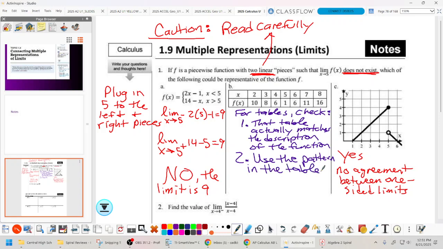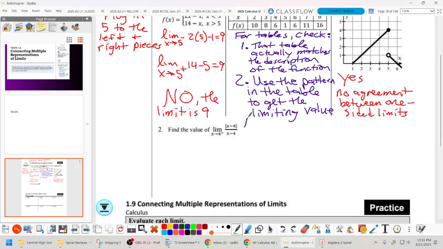This one is where you have to be really careful to get the limiting value, and that stands in contrast to, not the value of the function in the table. Okay, why don't you write that and then process it for a second and then I'll explain.